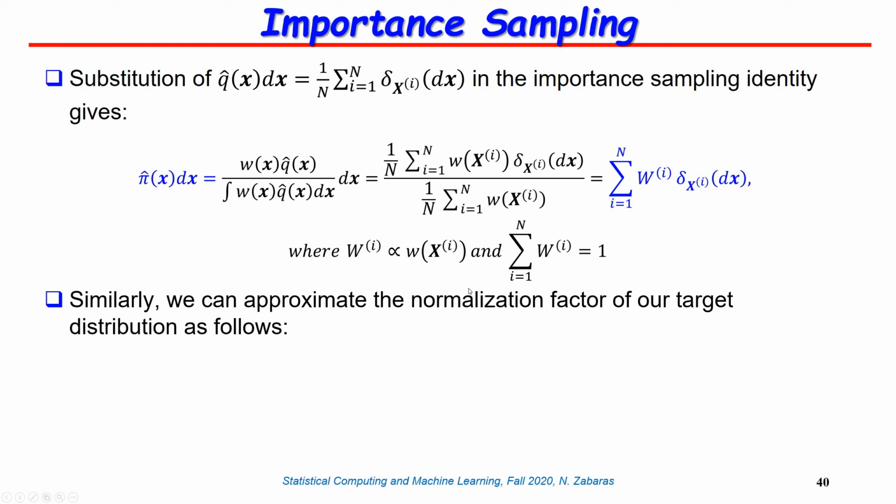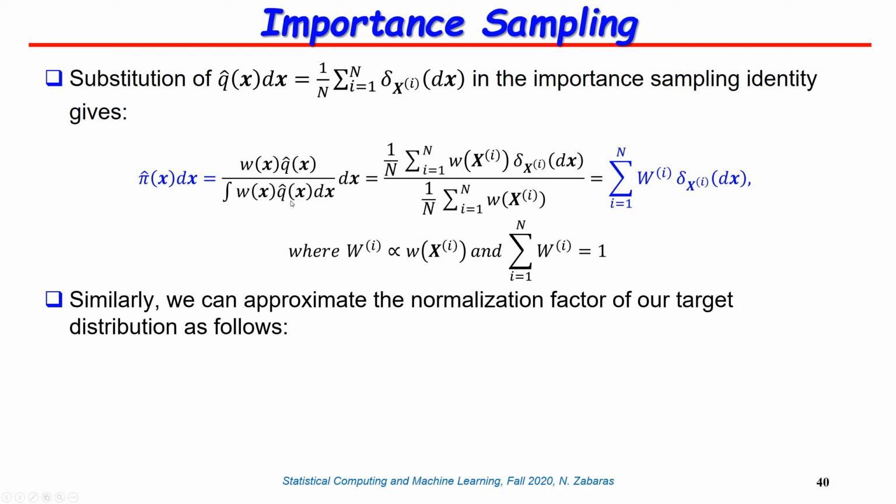There is a lot on this slide, and we have seen a lot of these details when we discussed importance sampling. So let me just summarize. What I'm going to do is, instead of Q in the previous equation, I'm going to use the empirical measure of Q, and this leads to an empirical measure for pi. In the numerator, I am going to have 1 over n, summation over i of the unnormalized weights evaluated at each of the samples x_i, times these delta functions.